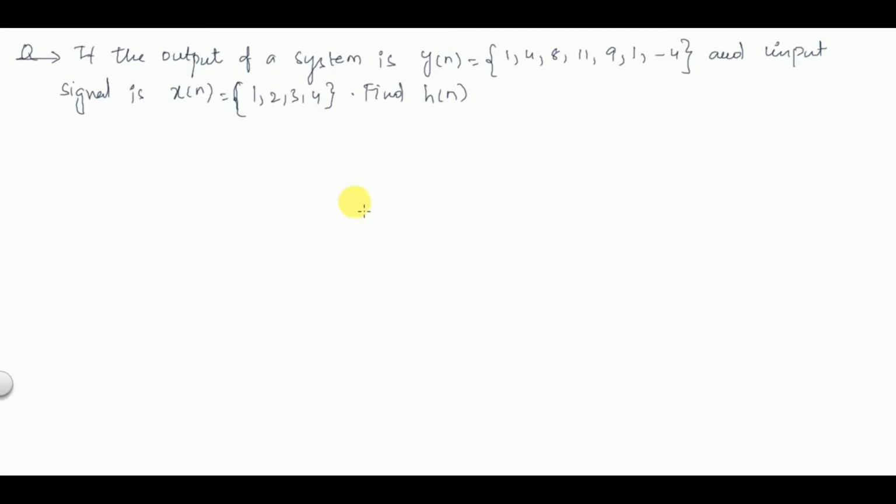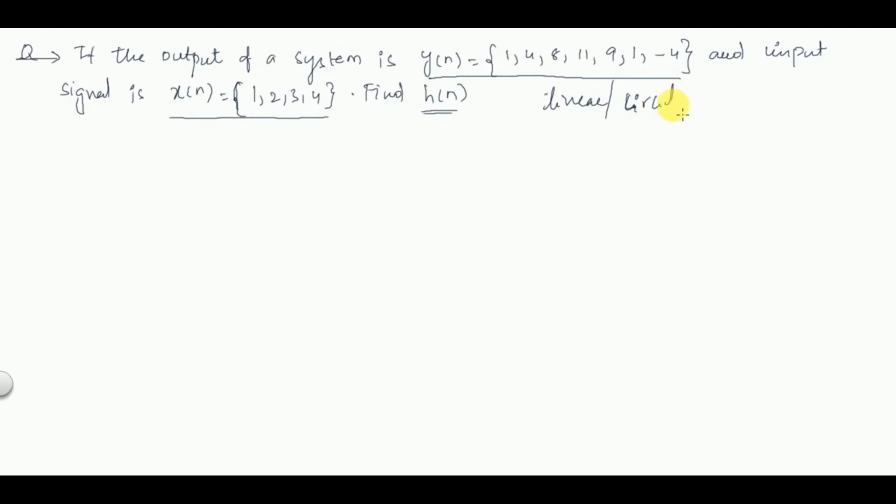So in this question, you are given the output y of n and also the input, and you are asked to find the impulse response h of n. For such questions, we first have to find whether we have to perform linear convolution or circular convolution.